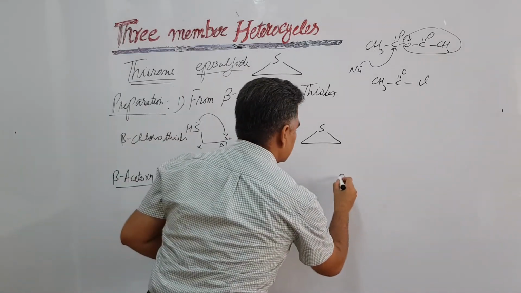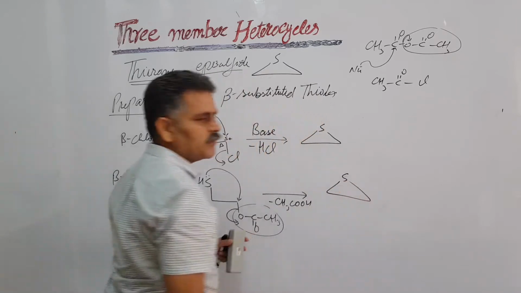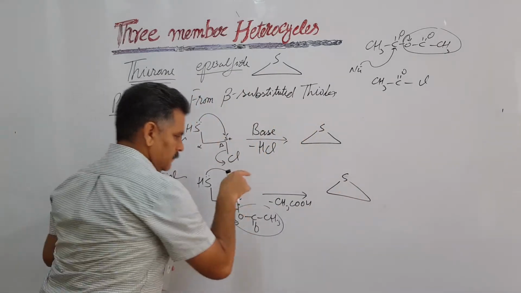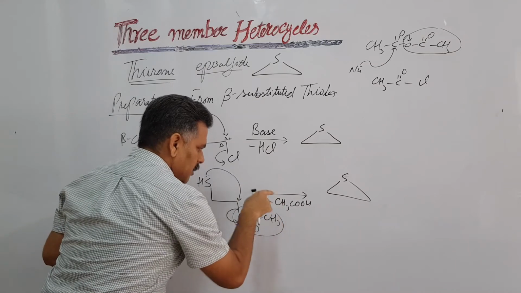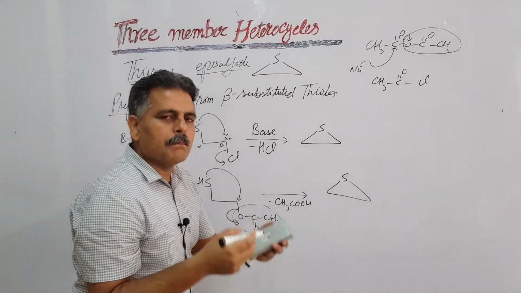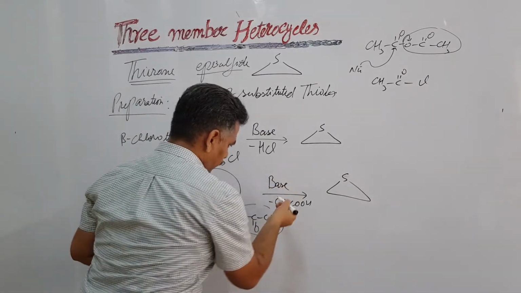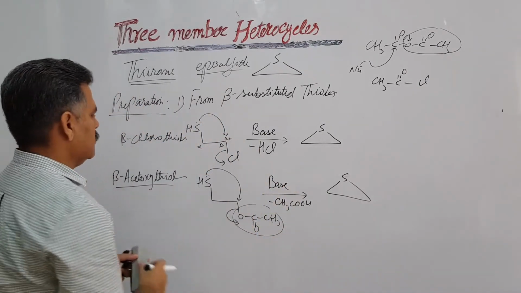So here we have this Thiirane. Again, this removed group is acetic acid, so it means the presence of base facilitates this reaction.